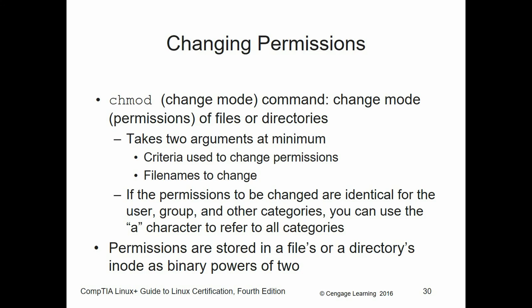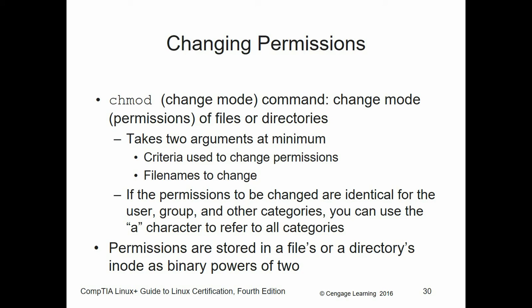Changing permission, which is chmod, change mode. Change mode, which changes the permission of a file or a directory, takes two arguments at a minimum. The criteria used to change permission in a file are specified.